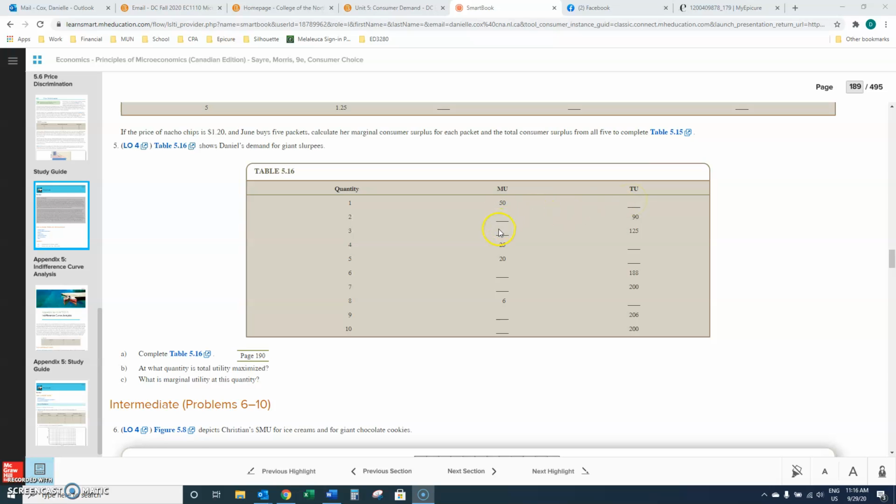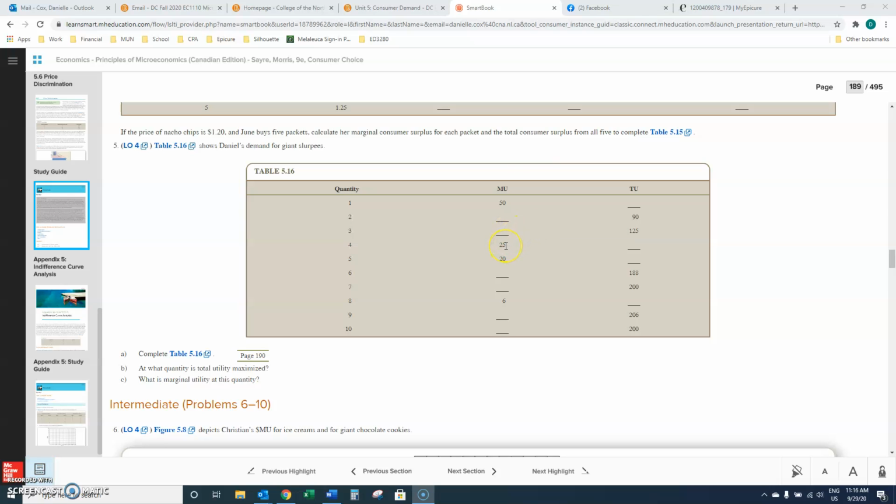Then we know for the third one, it's a total of 125. So the 125 is essentially this number, this number, and this number. The easy way then, because we know this one and this one are equal to 90, is 125 minus the 90, which is 35, and that's what's going to be here.